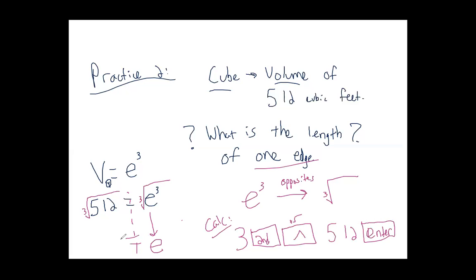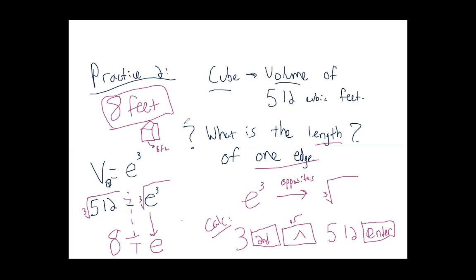And we should get 8, but we better label it because I want to know the length, the distance of it. 8 what? 8 feet. So if I had my cube, I know that one edge right here would be 8 feet.